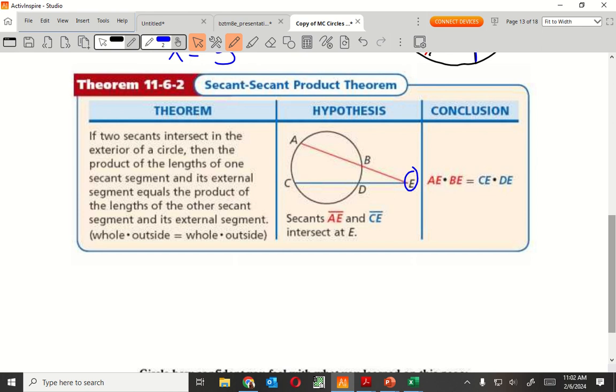Whole times outside is equal to whole times outside. So what that is: AE, which is this whole right here, times BE, which is this segment here.